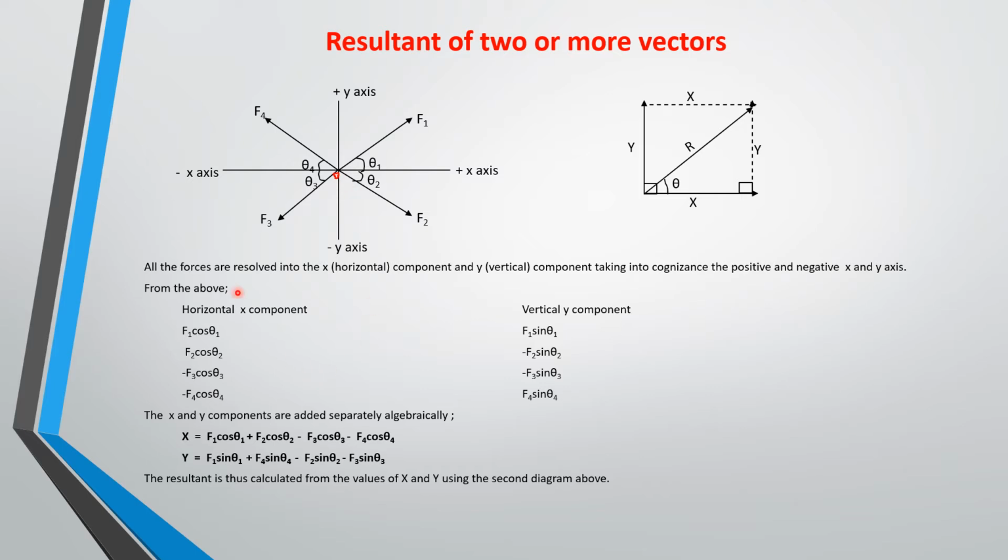At the end of the day, you will have two forces, x and y, and then you can get the resultant of the two. So that is how to solve it. Right away, I will solve a problem to drive home this point.